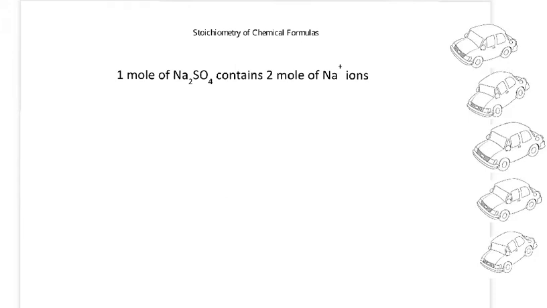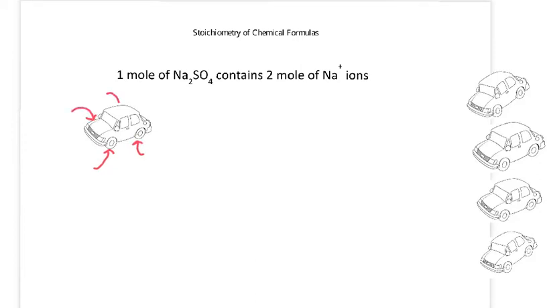So, what I really am talking about is very similar to what happens in a car. How many tires does a car have? 1, 2, 3, 4 tires. We can rewrite that as a conversion factor.